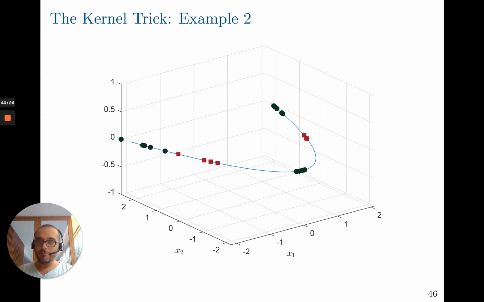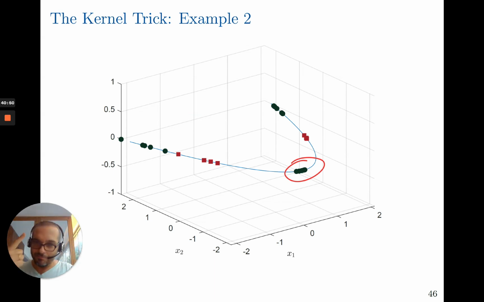Now we move from one dimension to two dimensions. Are the points linearly separable? No, right? We cannot solve the problem in two dimensions because, unfortunately, we have these points here, and with a single hyperplane, we cannot correctly split these regions.